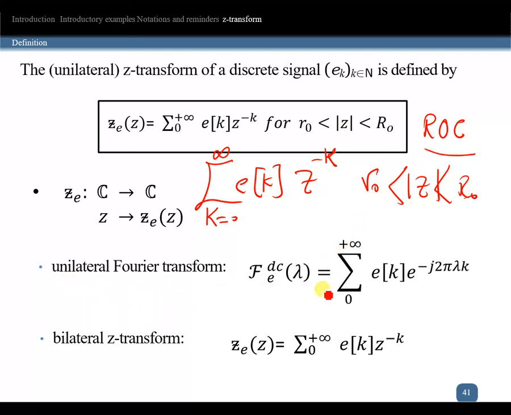Unilateral starts with k equal to 0 to infinity. Bilateral has k starting from minus infinity to infinity.